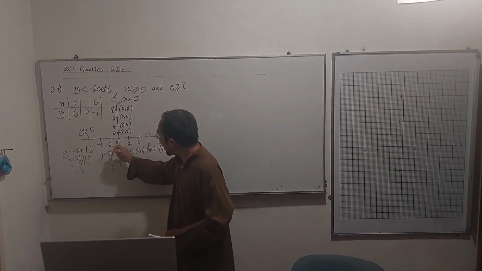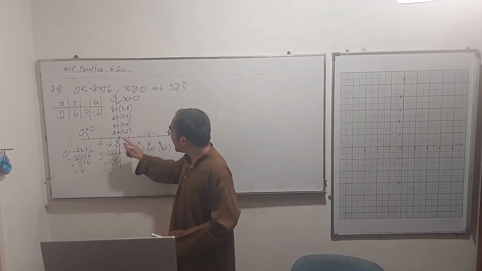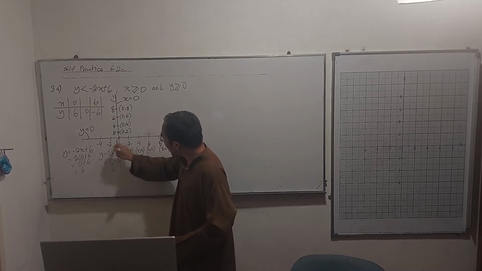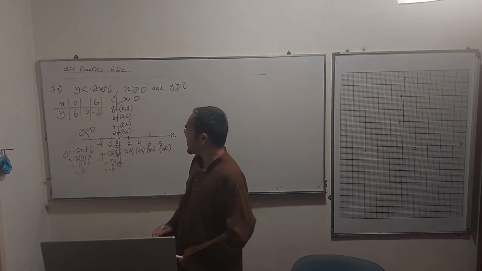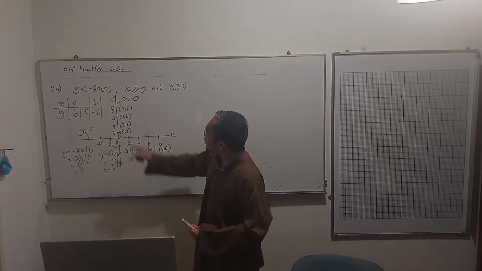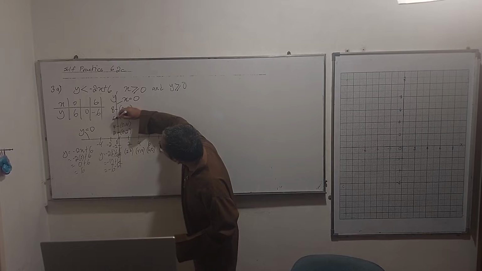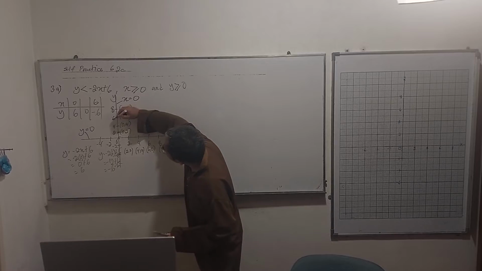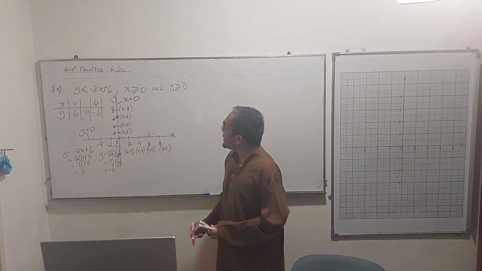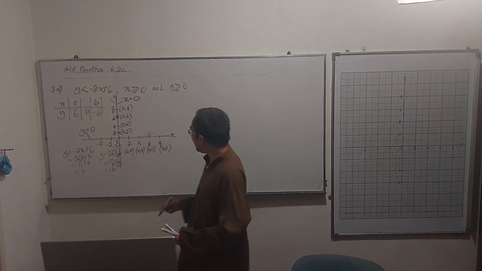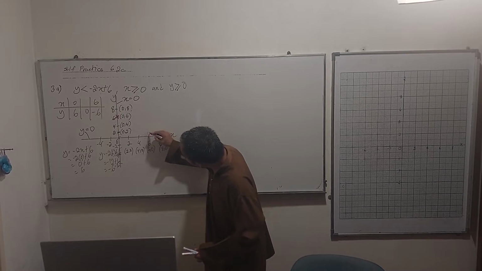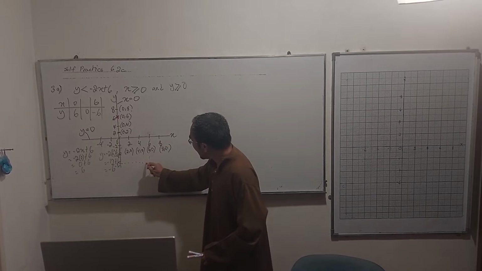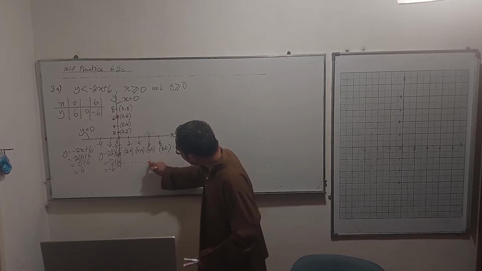I label here negative 2, negative 4, and negative 6 below. So 0, 6 will be here. And then 6, negative 6: this is where x is 6, and this is where y is negative 6. So they intersect here. Okay?